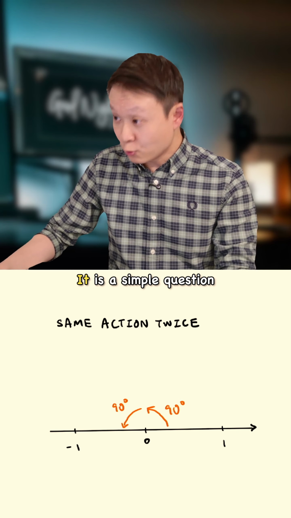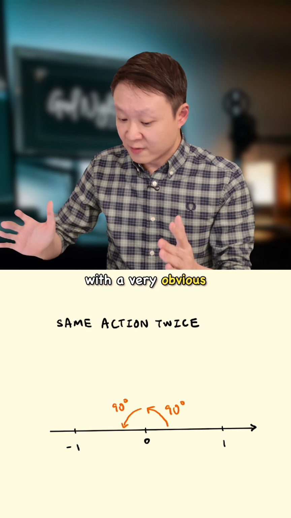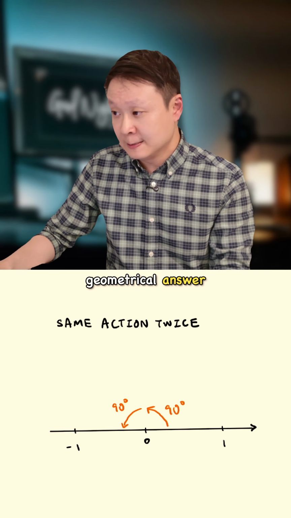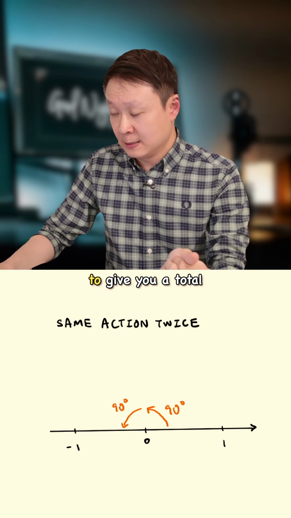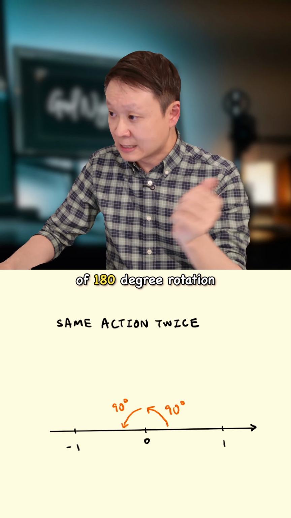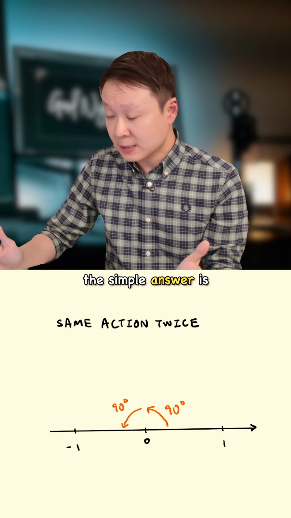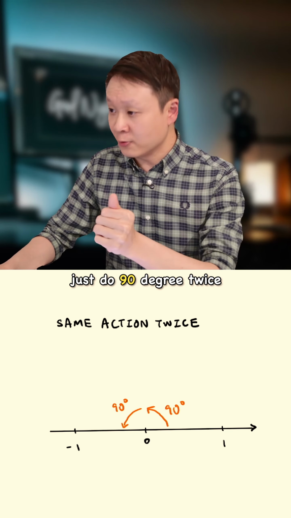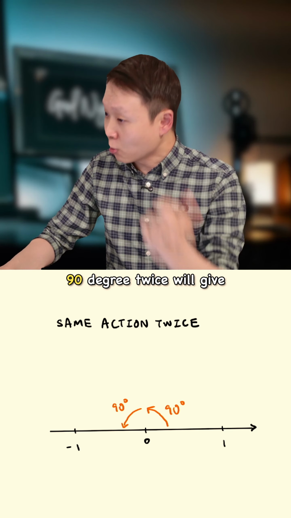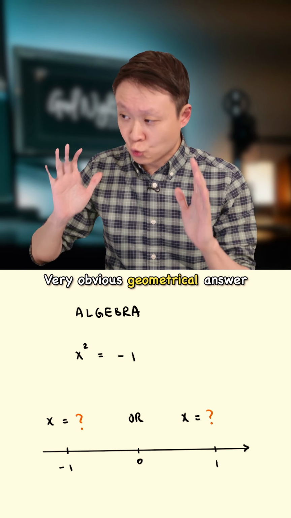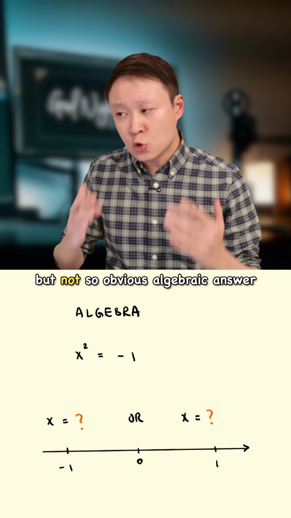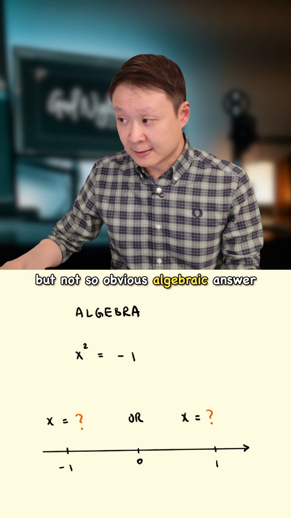It is a simple question with a very obvious geometrical answer. If you want to do the same action twice to give you a total of 180-degree rotation, the simple answer is just do 90 degrees twice. 90 degrees twice will give you a total of 180 degrees. A very obvious geometrical answer, but not so obvious algebraic answer.